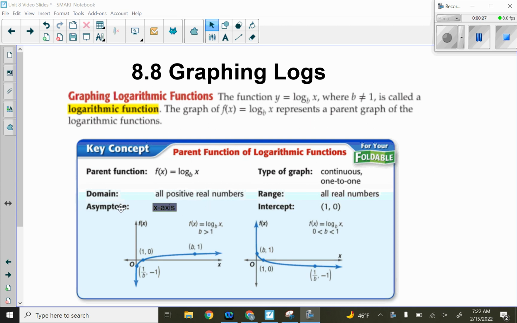You're going to have an asymptote, which if you don't know what that is, we will see what that is, along the x-axis. Our range is all real numbers, so that'll be negative infinity to positive infinity. And then for our basic function, our intercept is (1, 0). Now this can all change depending on what your log is.